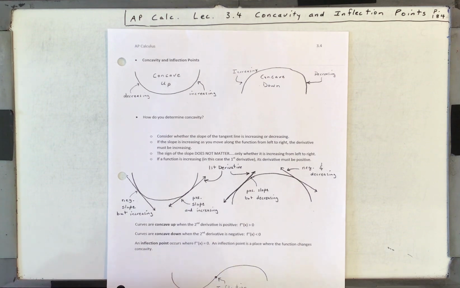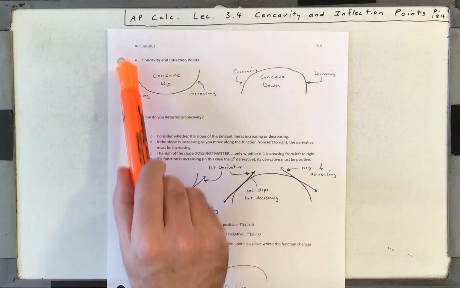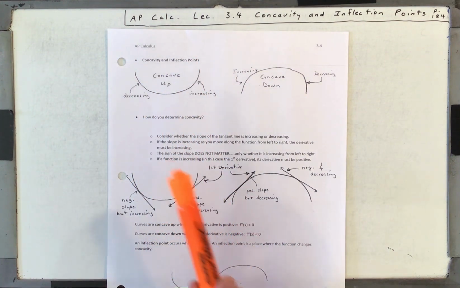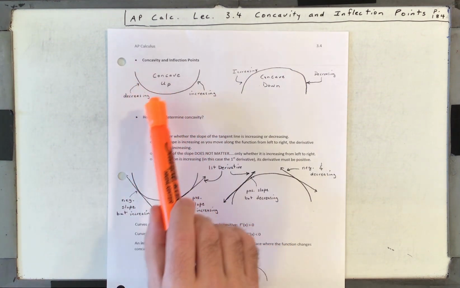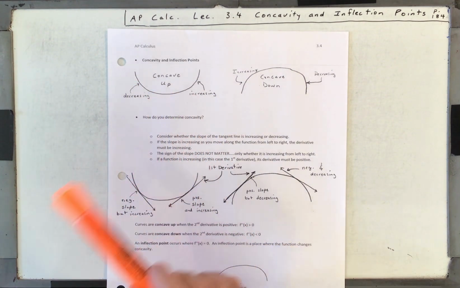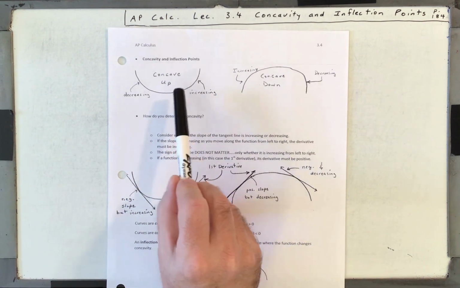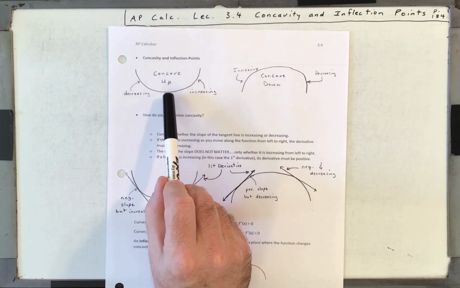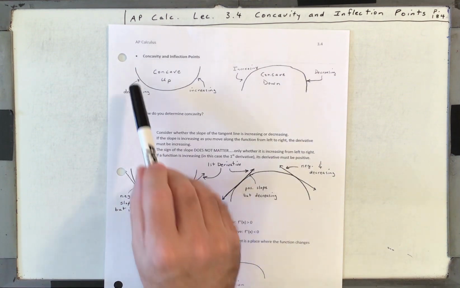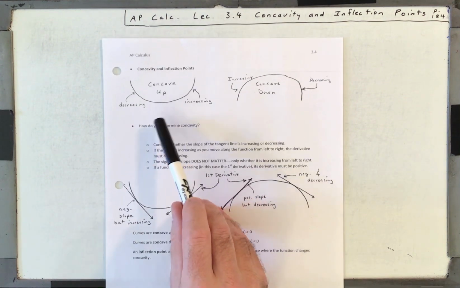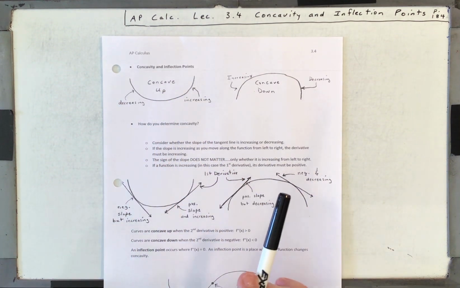What concave up means is a function that looks like a bowl. You just have to memorize that to the left of an inflection point, the function goes from decreasing to increasing, and you think of it as a right side up bowl.